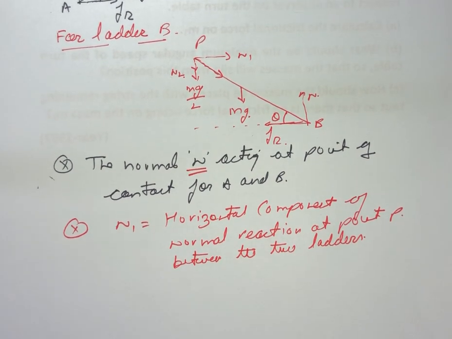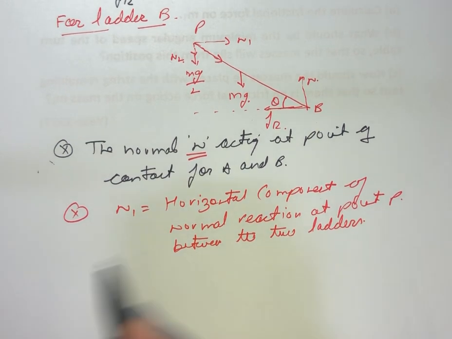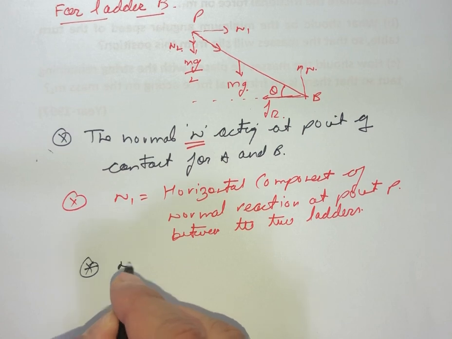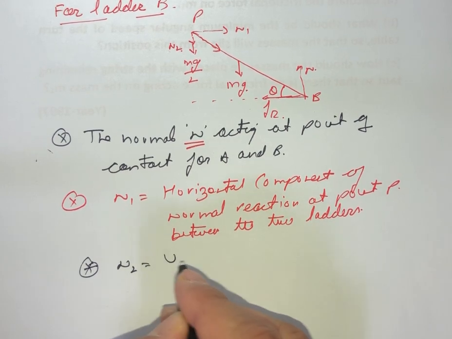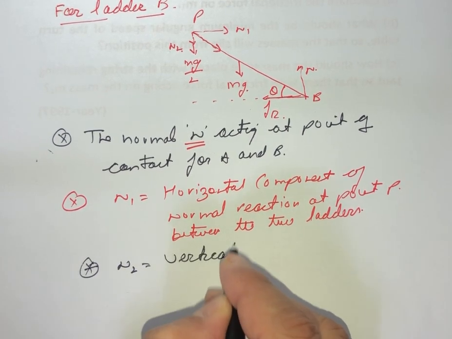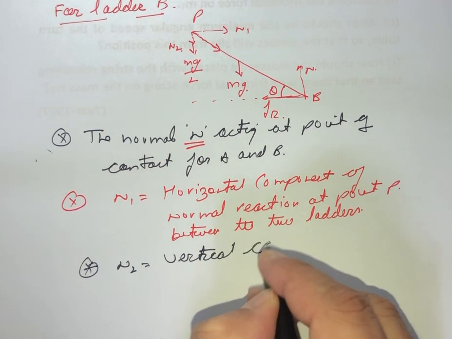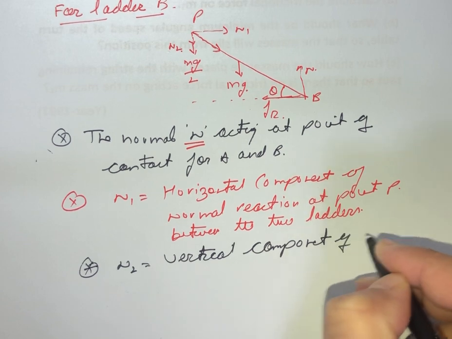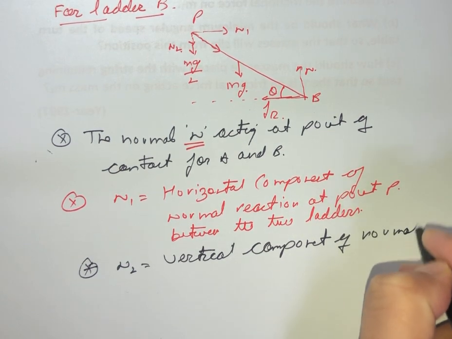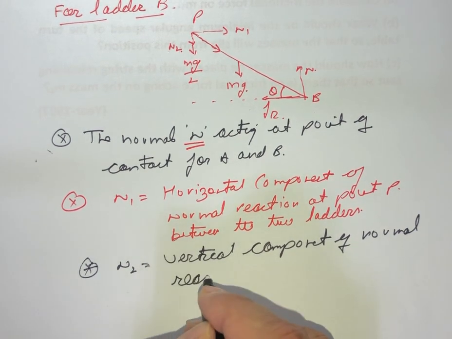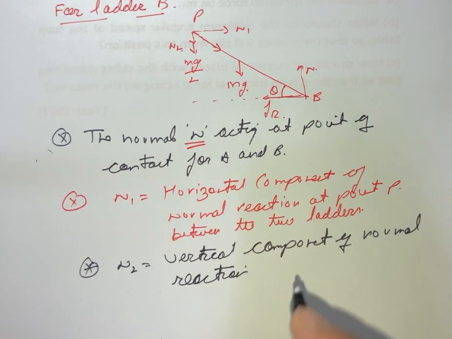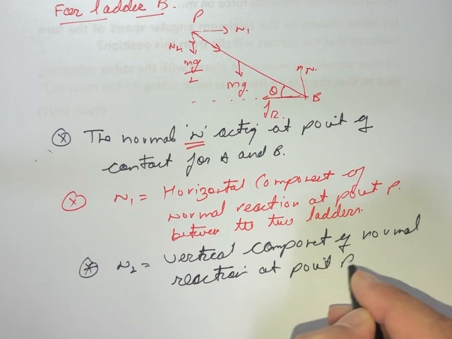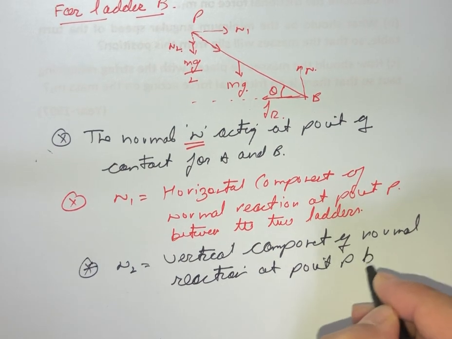And similarly N2 is the vertical component of normal reaction at point P between the two ladders.